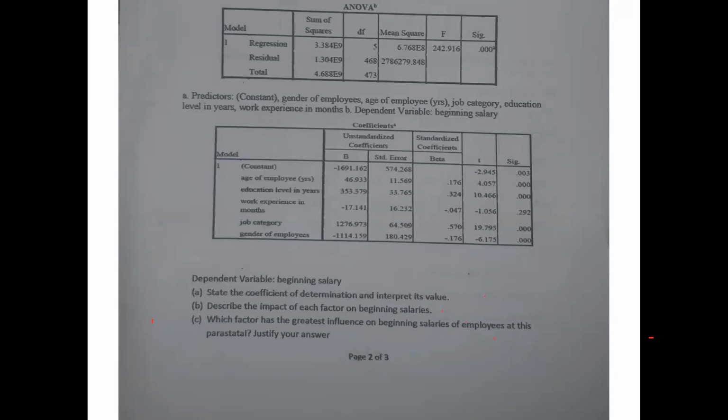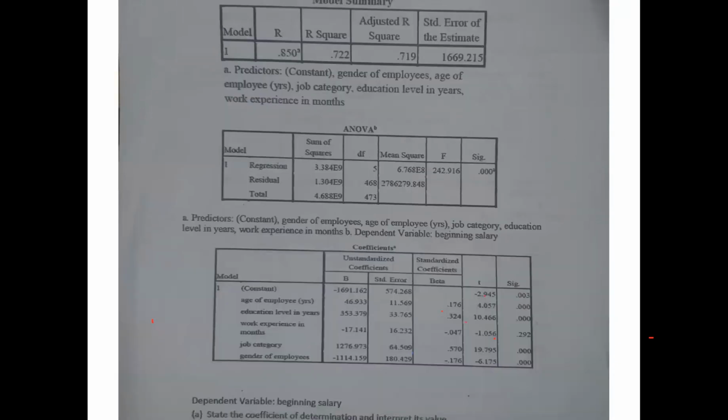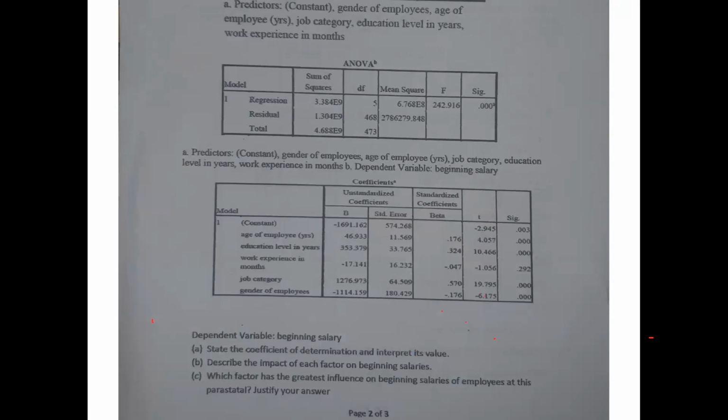What is R squared in short? 72%. Yes. What does it mean? Interpret the value. What does it mean? It's near 1.